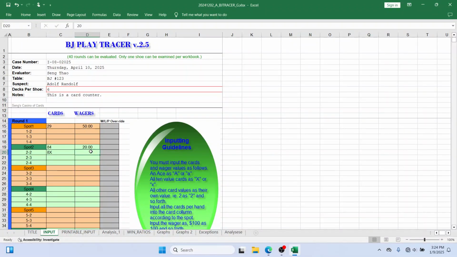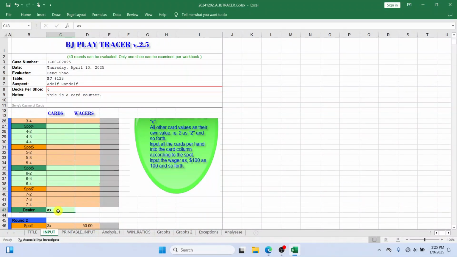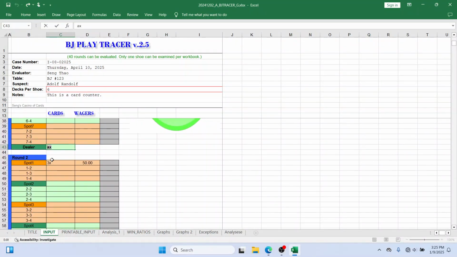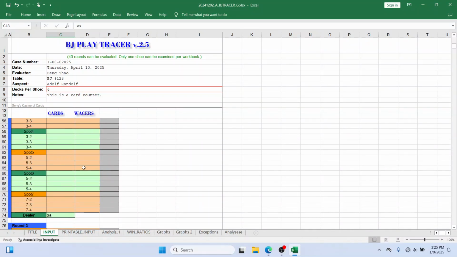I'm gonna clear out these fields here. So this is for round 1 here. If I scroll down a little bit, at the end of round 1, the dealer's cards are inputted here. And then we'll go to the next one, round number 2, and we'll input the cards and the wagers.